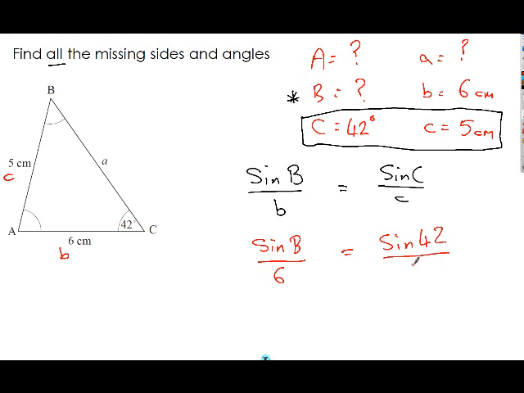And side c is 5 centimeters. So now we can rearrange this by bringing this 6, which is a divide by 6, up to the top on the other side of the equation. So it becomes a times by 6. So sine b is equal to 6 times by sine 42, all divided by 5.